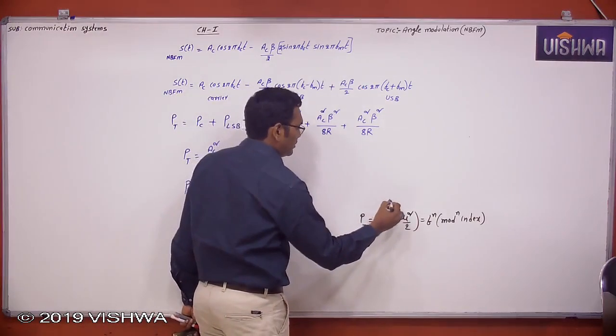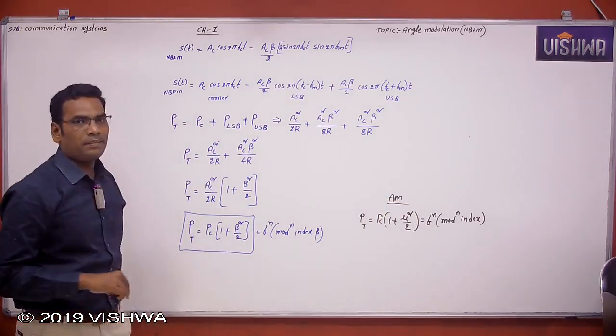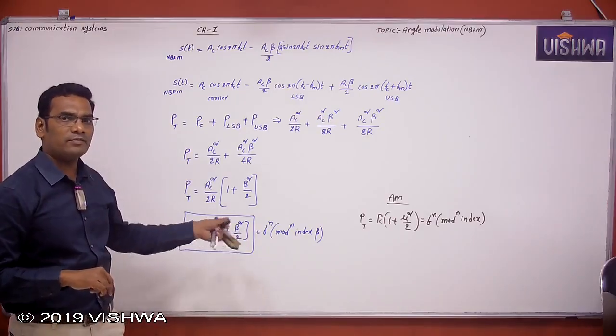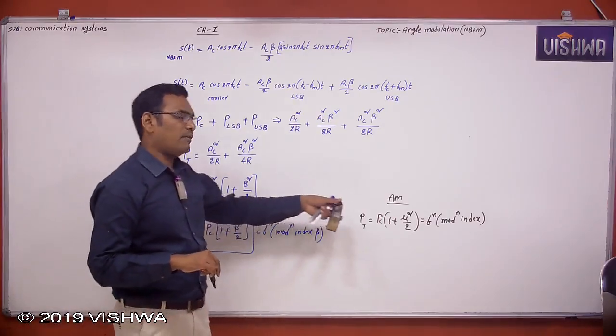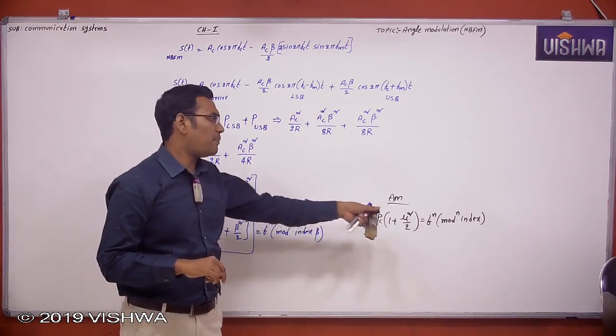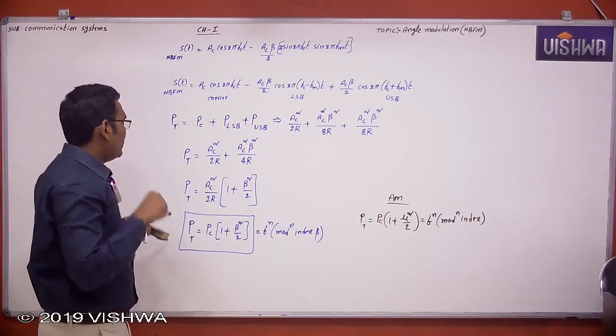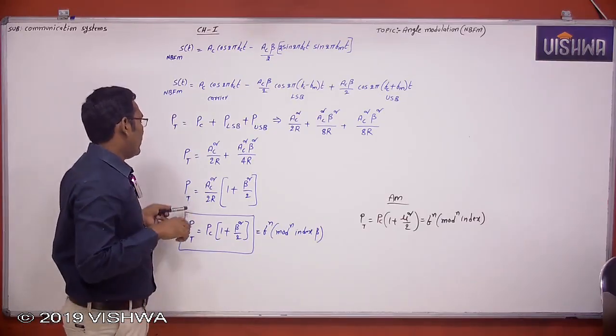This is in AM and this is in narrowband FM. Both appear to be the same or not? Function of modulation index, function of beta, function of mu. Carrier, upper side band, lower side band power. Am I right? Okay. Now these are the power calculations of a narrowband FM wave.